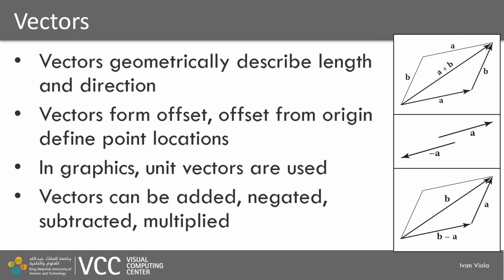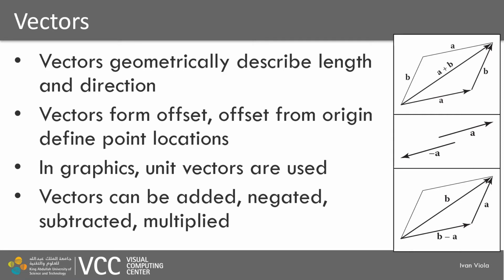Let's have a short recap on vectors. Vectors are geometrically defined by a direction and a length, and they really are offsets. So a vector does not somehow exist in space at a particular location, but it is an offset and can be applied to any points or other geometric elements to transform them to another position.